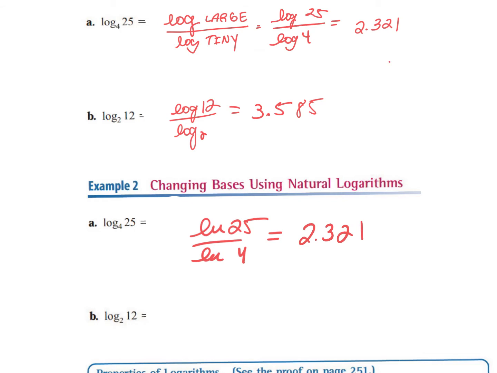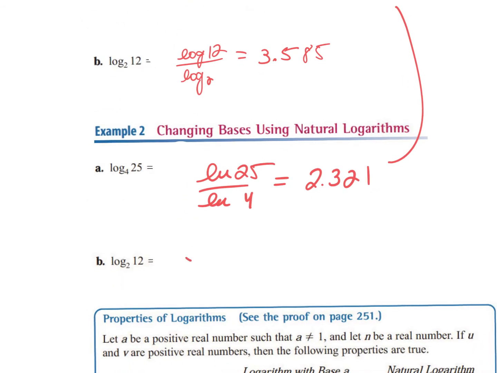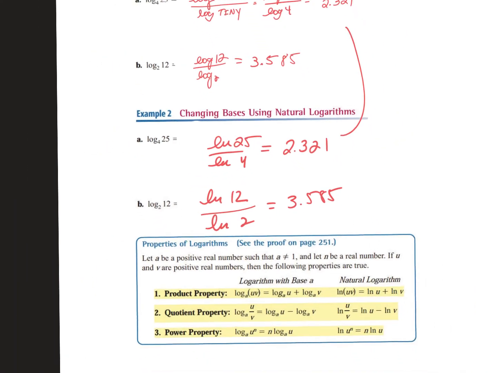Is that what we got up here? Okay, same thing. Do ln of 12 over the ln of 2. What do you get? 3.585. Okay, so look, natural logs are still logarithms. You just use natural log when it says ln. And we know that ln and e are opposites of each other, inverses of each other.